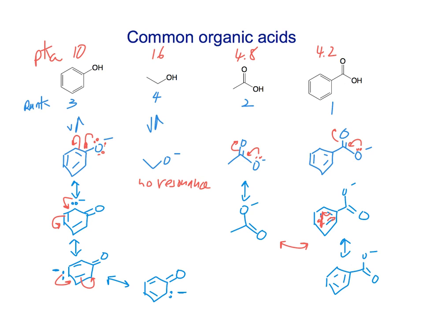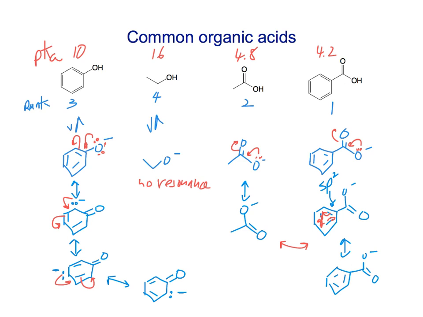Is it more of an inductive argument because all of the carbon atoms are sp2 hybridized, therefore electron deficient? Yeah, I think that's the argument we can use, because in benzoic acid, all of these carbons are sp2 hybridized.